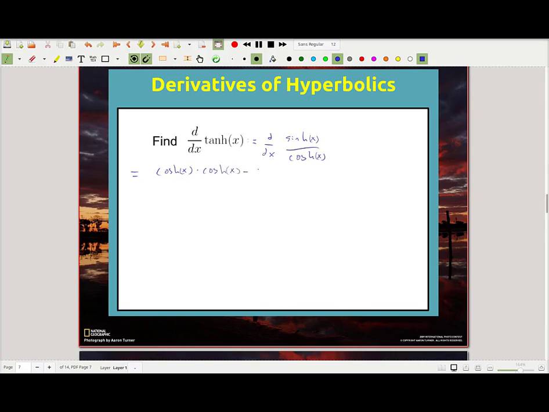Alright, minus high, sinh of x, times the derivative of cosh of x. The derivative of cosh x is, of course, sinh. So times sinh of x, all over lo squared, which is cosh squared.